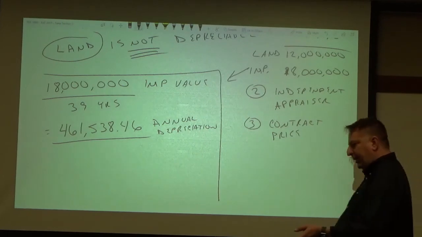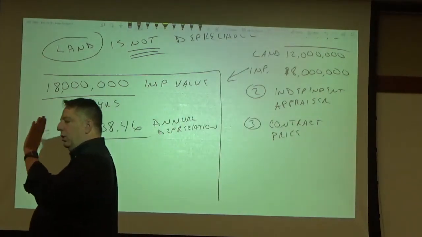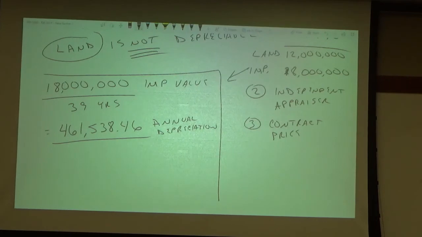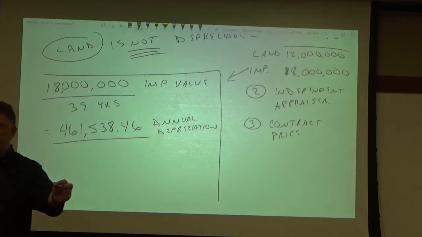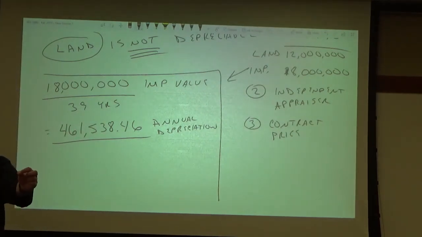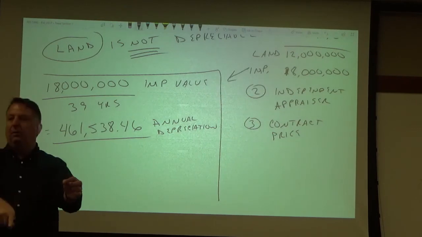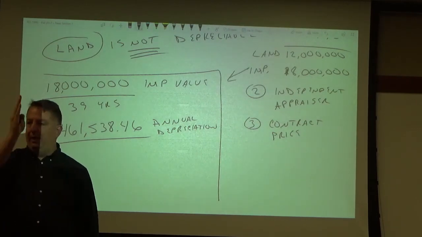So automatically, depending on when you place it into service, the IRS says they're going to use something called the mid-month convention, meaning that if you buy it January the 1st, the automatic assumption from the IRS is it was placed into service on January the 15th. If you place it into service on January the 31st, their assumption is January the 15th. If you place it into service January the 5th, it's still January the 15th. It's always going to be the middle of the month.